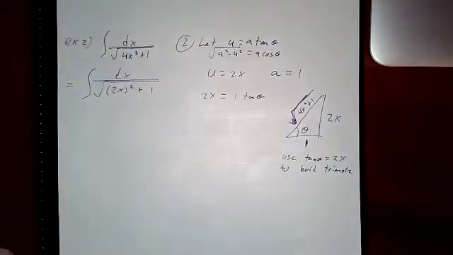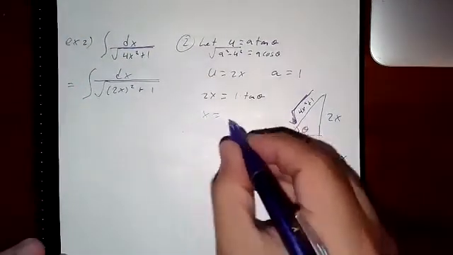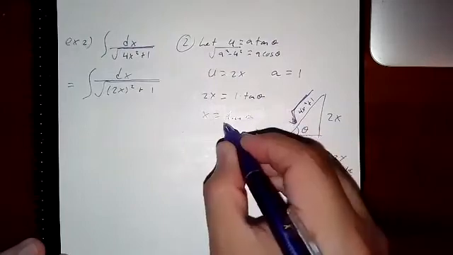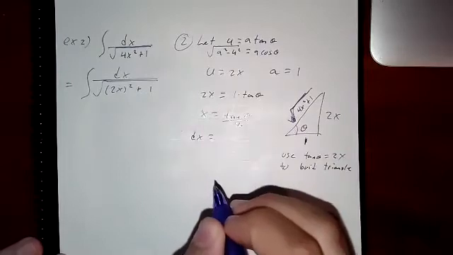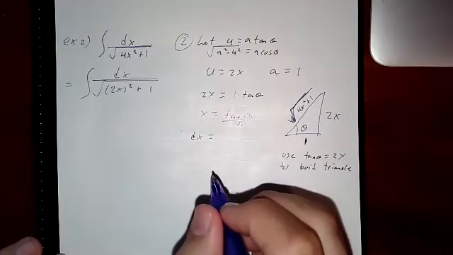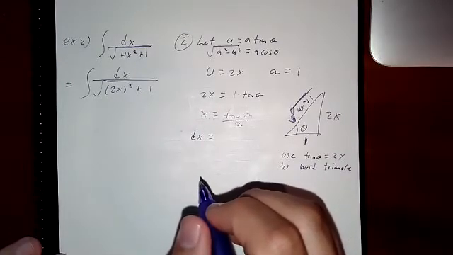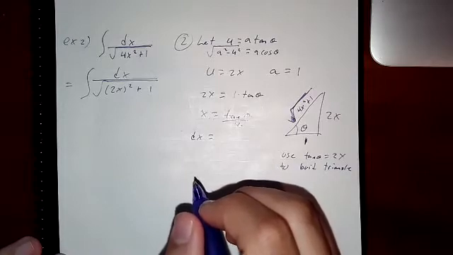Little note there. Here I need to solve for x and then take the derivative. So dx would be equal to, what is the derivative of tangent over 2? What's the derivative of tangent?